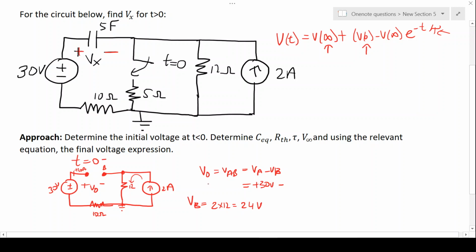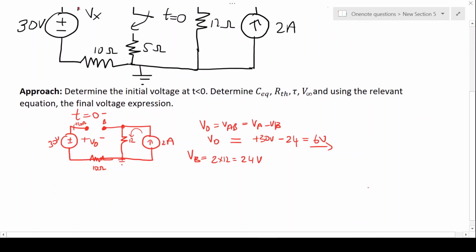So VO will therefore give you 30 minus 24, which gives you 6 volts. Right, so we've got the initial voltage.